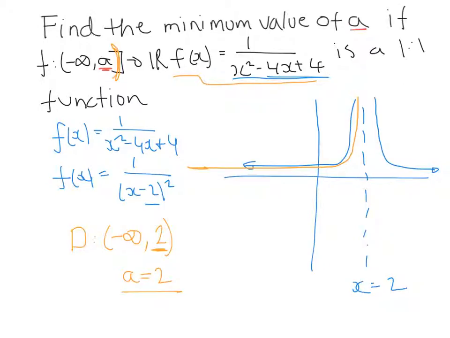Any lower than that, well, it's not the maximum value, and any higher than that, say a was on the other side here at 3, this wouldn't be a one-to-one function because a horizontal line would hit the graph in 2 spots, meaning it isn't a one-to-one function.